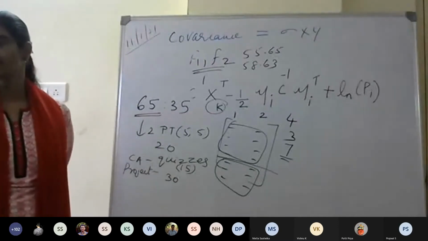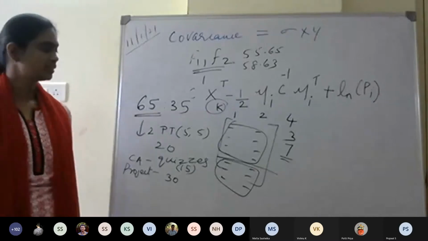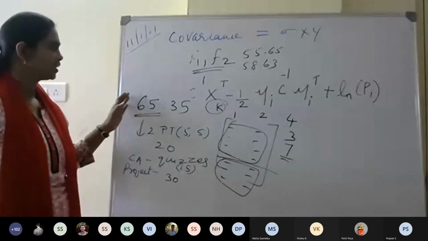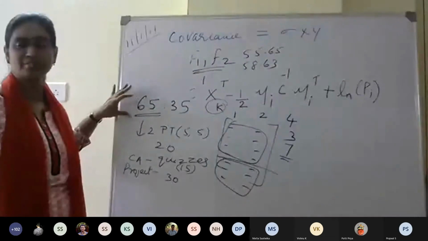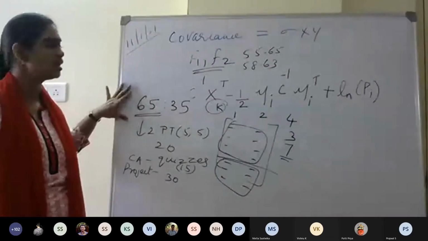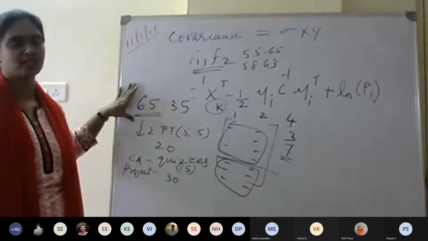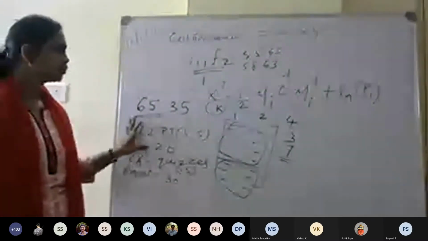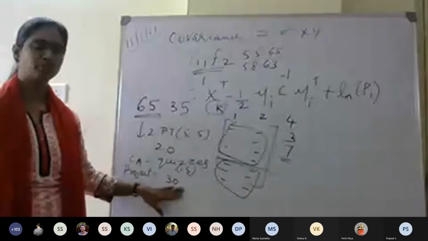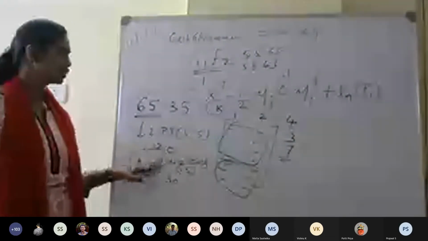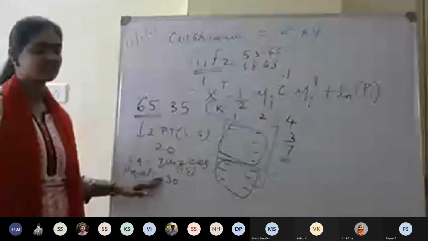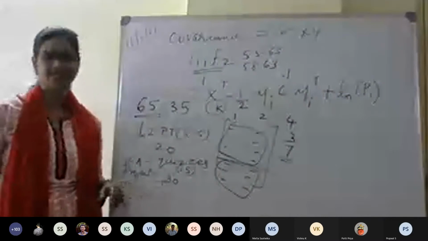So this is what has been informed to us. And there are other variations like 70:30, 80:20 and 60:40. But myself and Jyotsna ma'am have agreed to go for 65 and 35 so that there is a fair amount of contribution for the project also. And quizzes, tests, everything will have some contribution. So this is what we have decided.